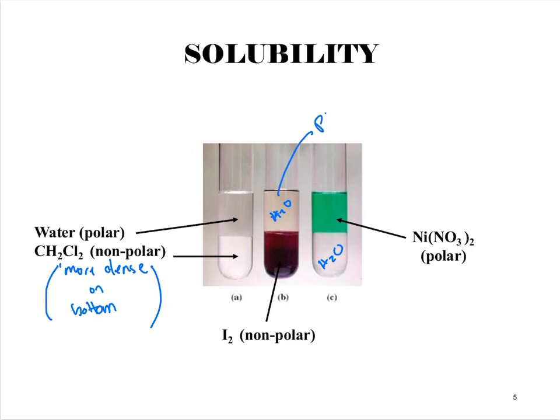Yep, this is going to be polar, and it's the same idea here. This is going to be polar, and I2 is nonpolar, so they separate. I2 goes to the bottom because it's more dense. Let's say that this solution here was instead formaldehyde.